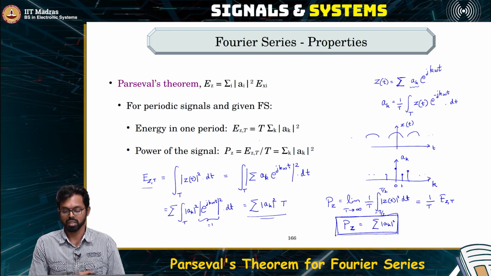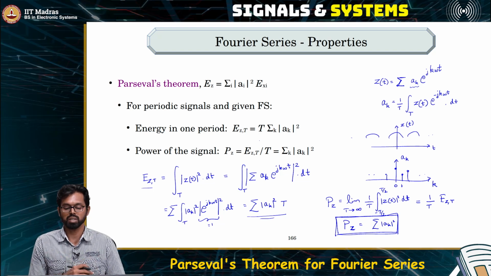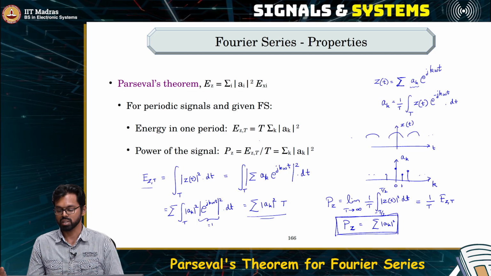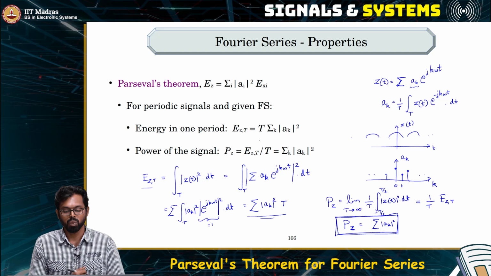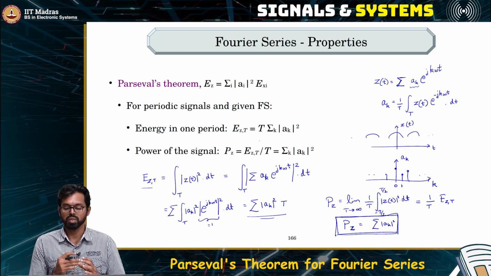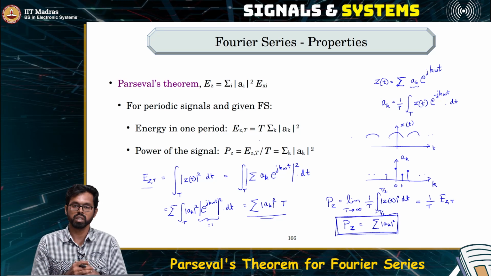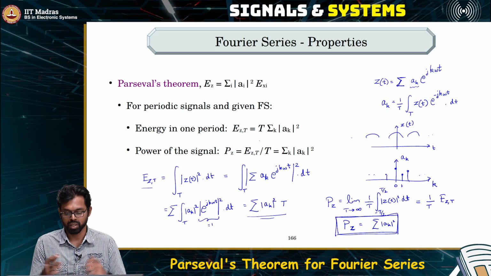Now let's say I have an audio signal that I have recorded, a recording of, let us say, a bass guitar and something like a high frequency violin. If I want to know how much of the power of the signal is in the violin's music and how much is present in the bass guitar, all I have to do is separate out these two frequency components.